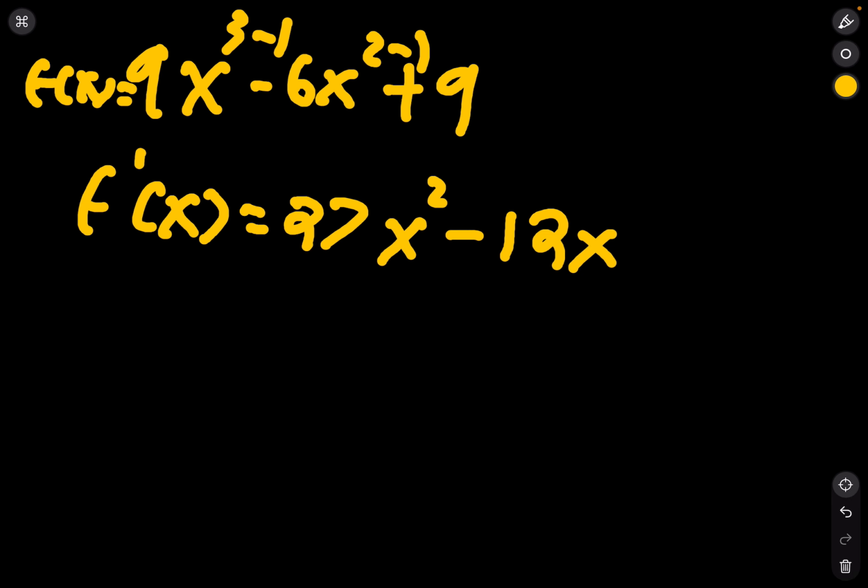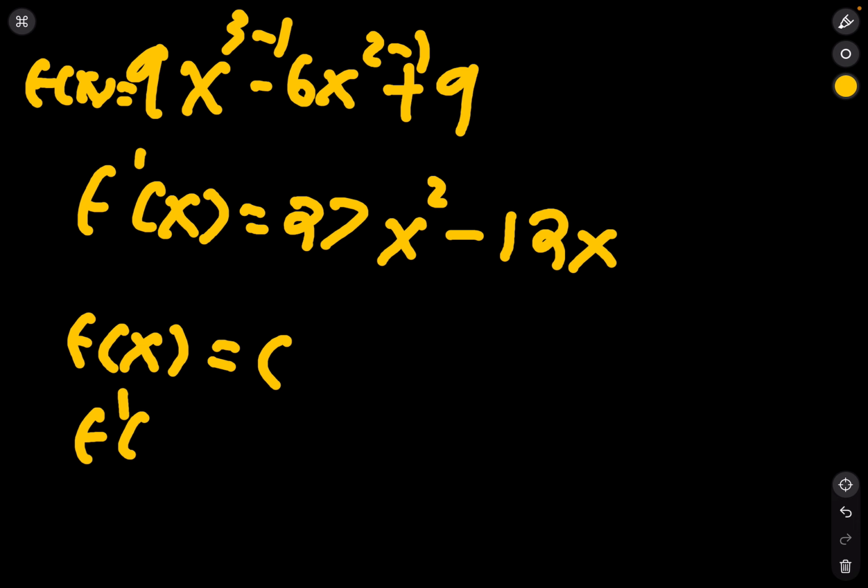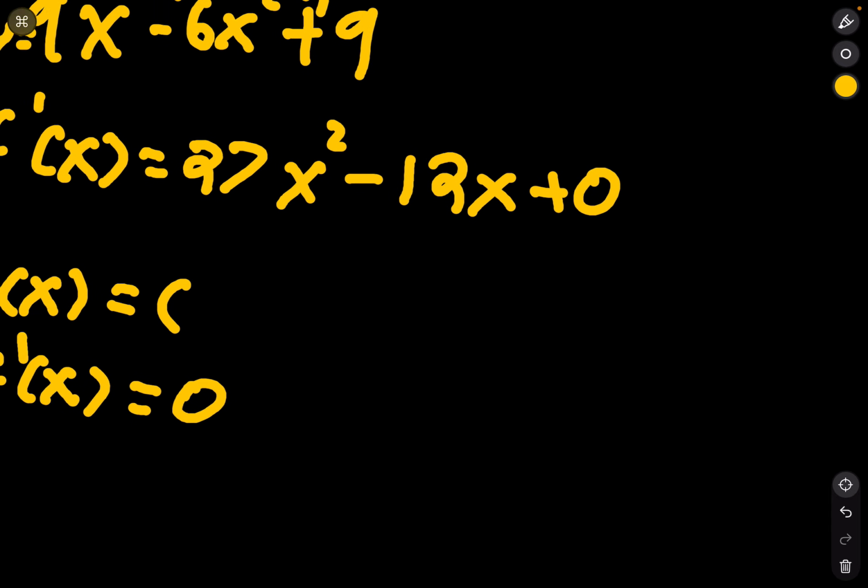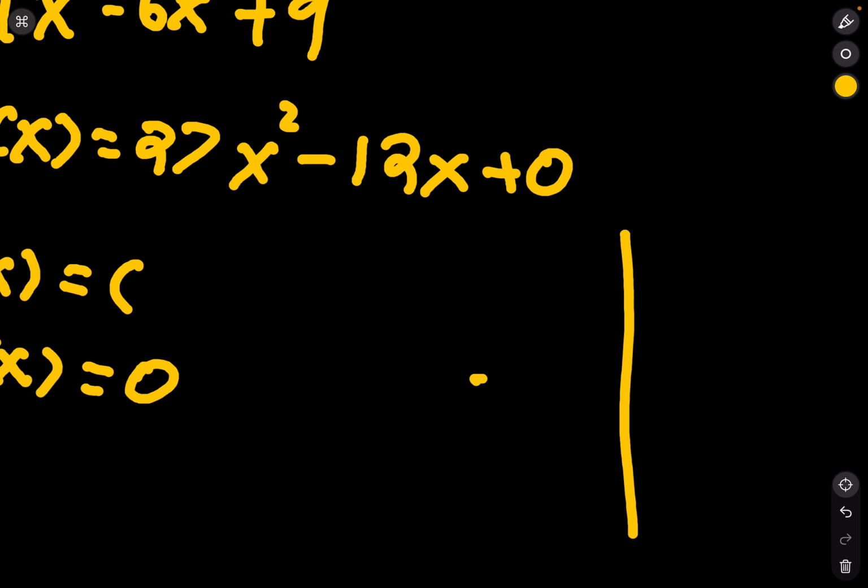And then this is the interesting part. Remember, if f of x or any function is a constant, f prime, or the slope of that constant, is always 0. So here you could just put positive 0 if it doesn't make sense, but you don't have to put anything there. The reason I say that, let's look at the graph of 9, for example. This is 9.